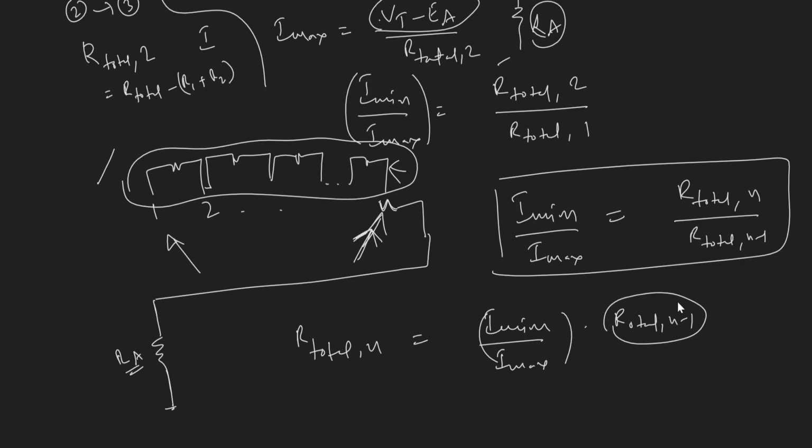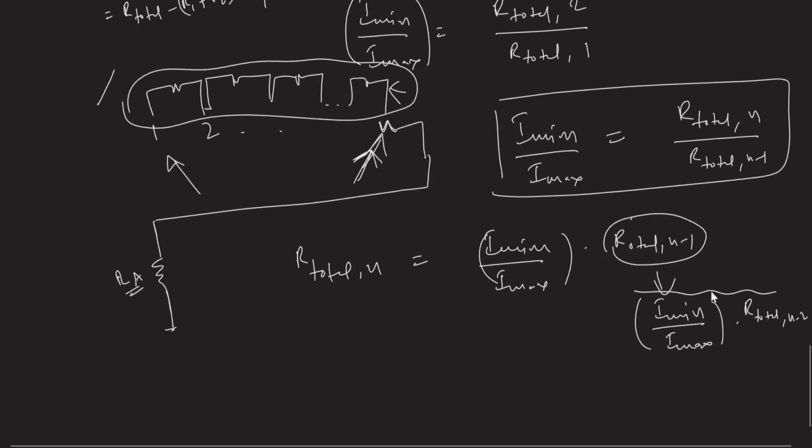Now if I substitute, similarly from the previous equation, I can write this equals I minimum by I maximum into R total minus n minus 2. I am going backward, so instead of this one I am substituting this equation.